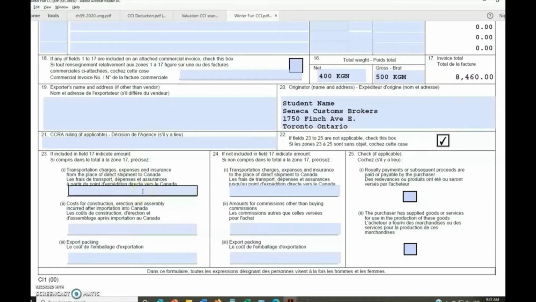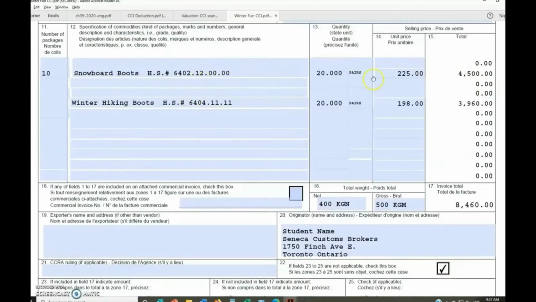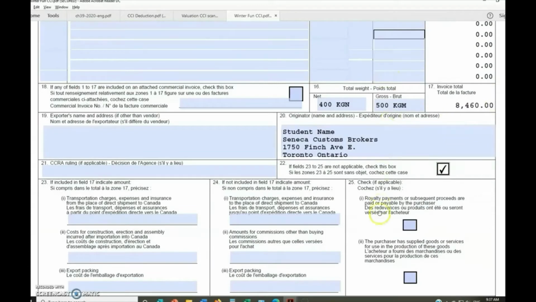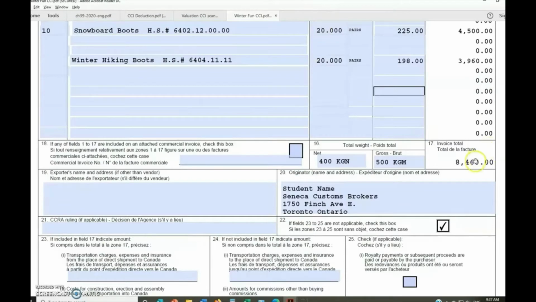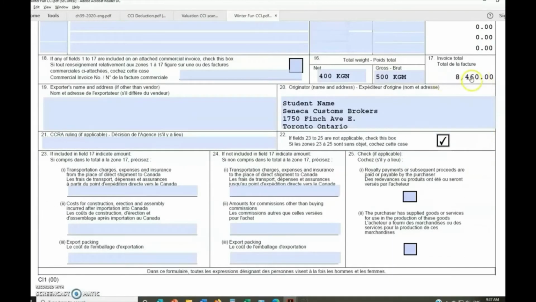So, for instance, when you buy something off of Amazon, you pay one price. That price includes the goods, and the price also includes getting the goods to you. You pay one price. But in the real world, this price here is for two items. It is for the goods and it's for the freight. So if there's freight included in field 17, we put it in 23I.